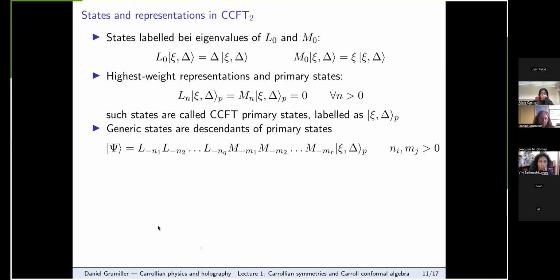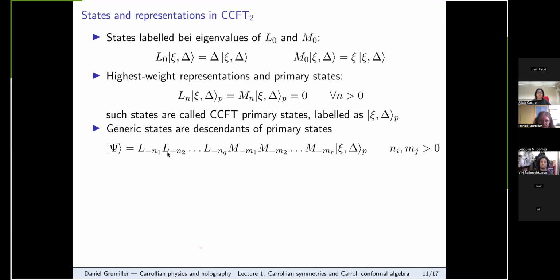That's again, in analogy, how you can produce primary states in the Virasoro case and descendants thereof. So these are generic states, and you act with the raising operators, which are just the L minus n's and M minus m's with positive integers n and m. So the negative indexed BMS generators or Carrollian CFT generators, they act as raising operators, and the positive indexed ones as lowering operators, just like in the Virasoro case.